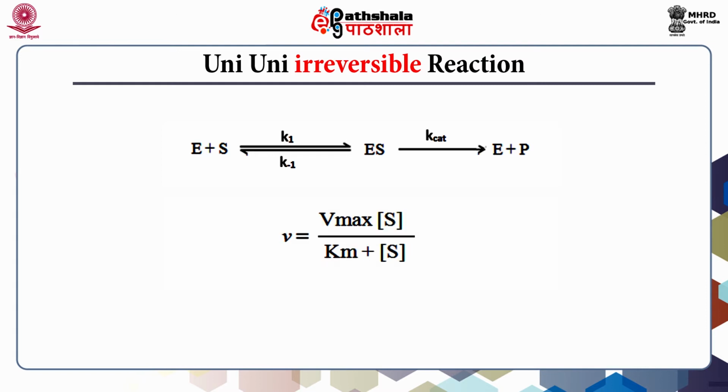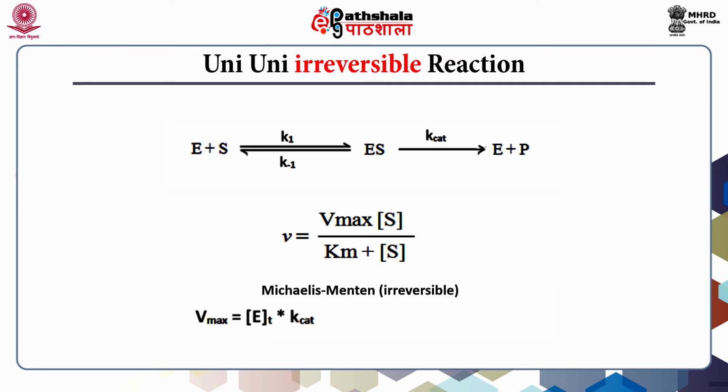The velocity V, or the rate of the overall reaction for the formation of one product from one substrate for an irreversible reaction, is given by Michaelis-Menten irreversible equation, where the velocity is given by the product of the Vmax and substrate concentration divided by the sum of the Km and substrate concentration.